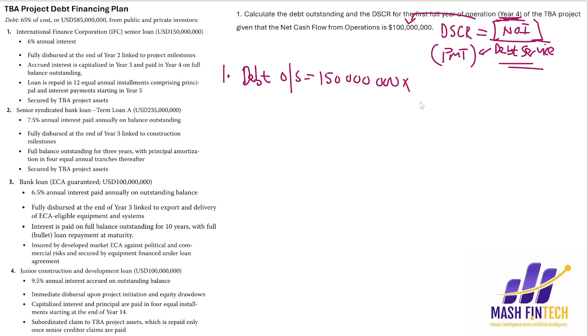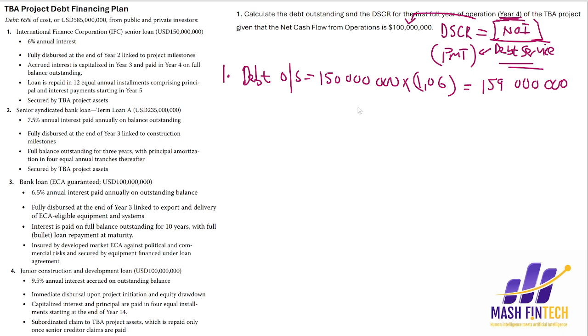So in year 3, there's going to accrue an interest of 6%, which means the debt outstanding by the end of year 3 is going to be 159 million. All right. And then they say that it's paid in year 4 on full balance outstanding.